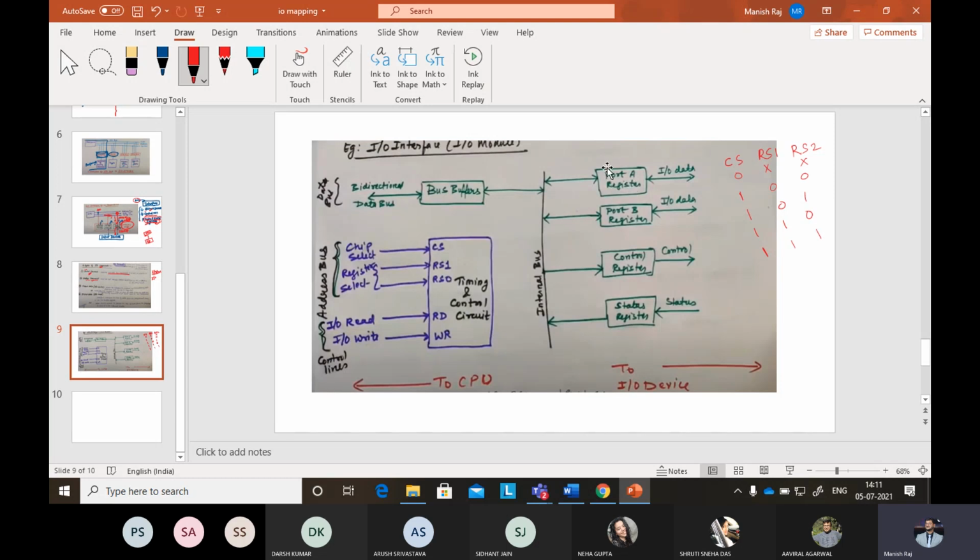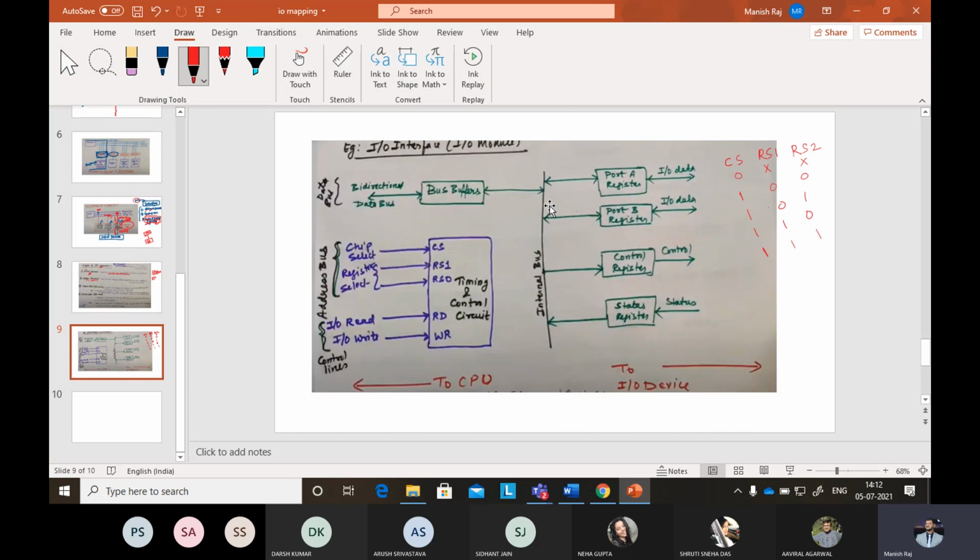If you select 0 1, then port B is selected, and port A, the control register and the status register are not selected. If you select 1 0, you are choosing the control register. If you choose 1 1, then you are choosing the status register.